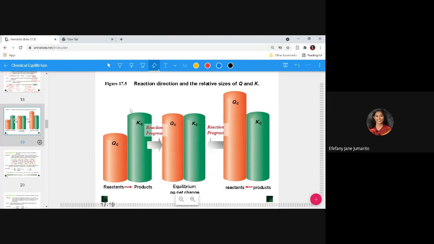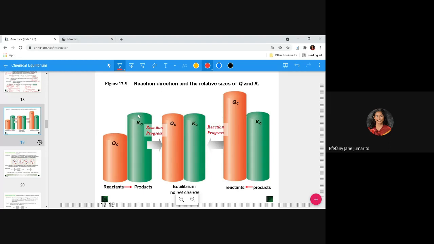Your reaction will favor your product, so it moves forward, because it has not yet reached Kc. Look here, class. So when Qc is less than Kc, the reaction will favor the formation of our product.